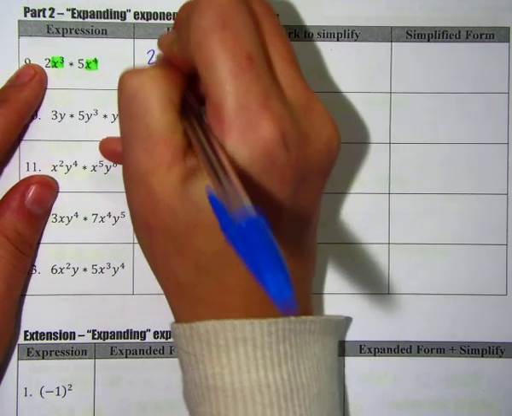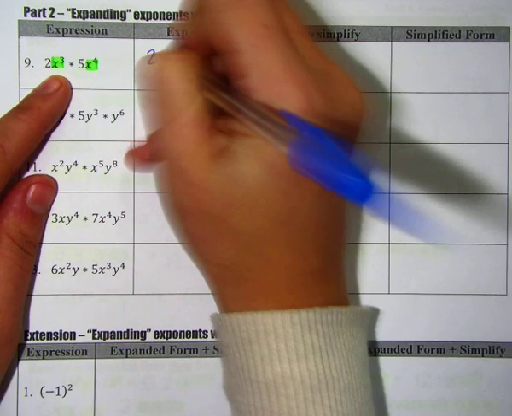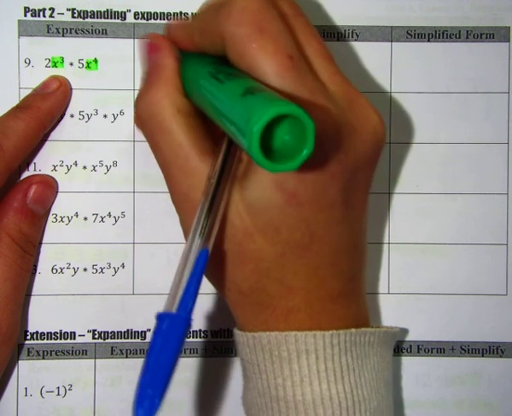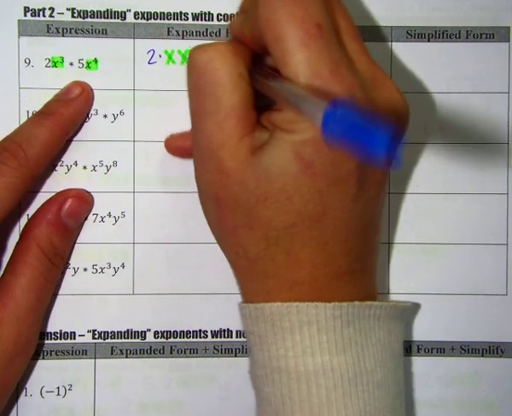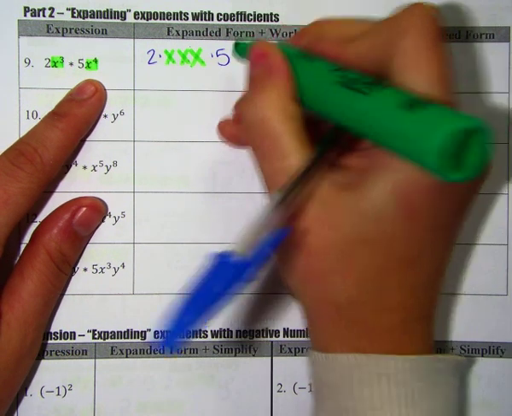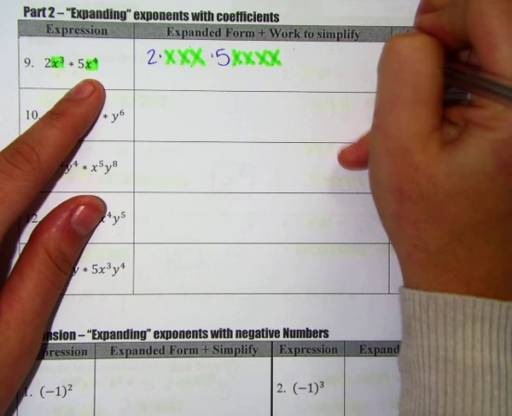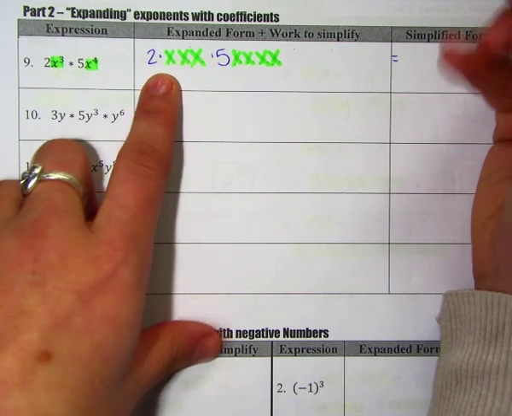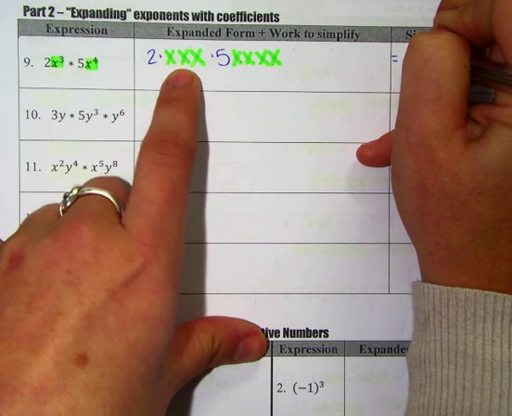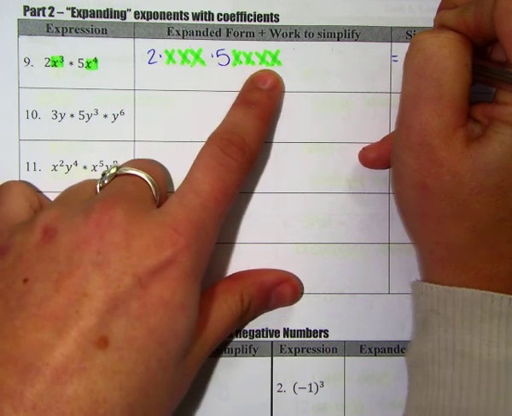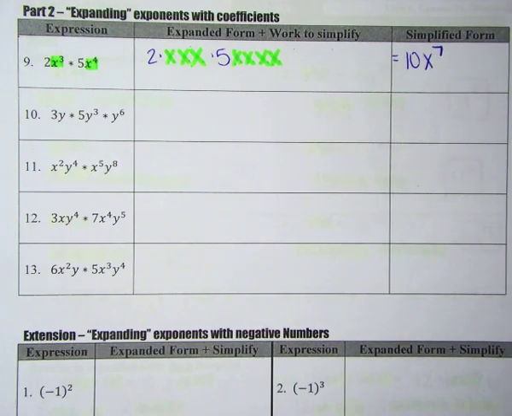This is 2 times x to the third power, so that's 3 x's, times 5 times x to the fourth power. So I'm going to simplify this. It'll be 2 times 5, which is 10. And then 1, 2, 3, 4, 5, 6, 7. I'm multiplying x times itself 7 times.